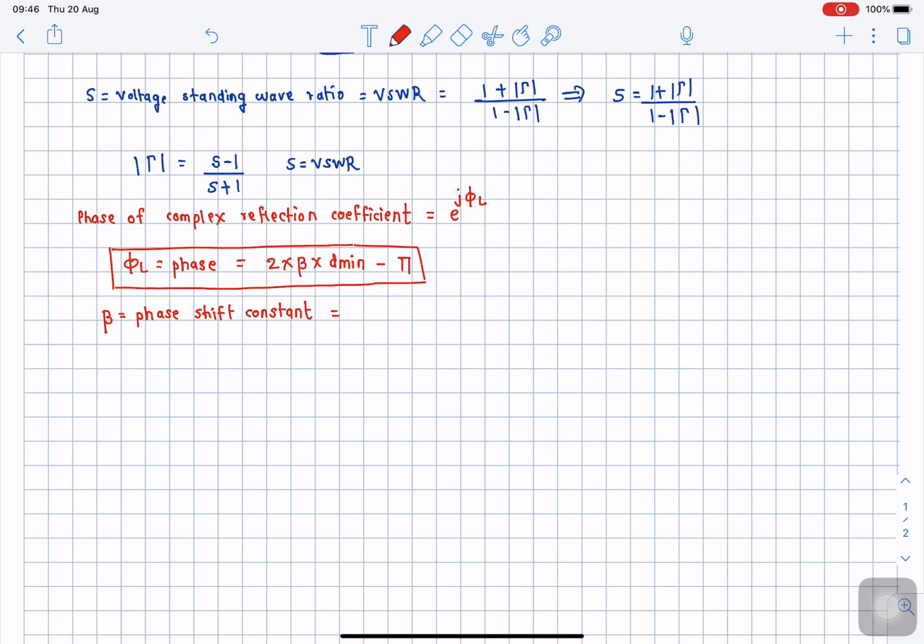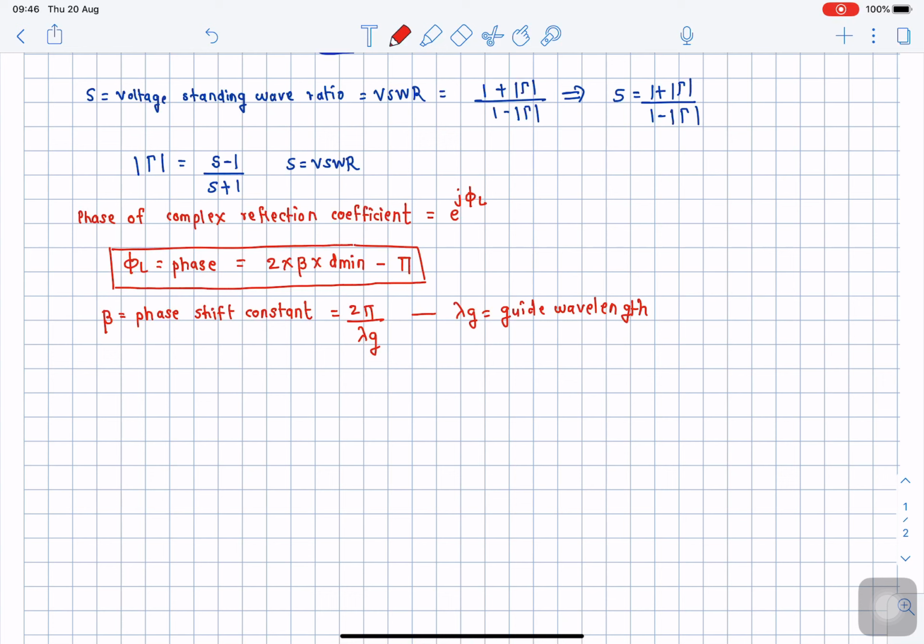Beta is given as 2 pi divided by lambda g, where lambda g is the guide wavelength. So if you know the guide wavelength, then you can calculate the phase shift.